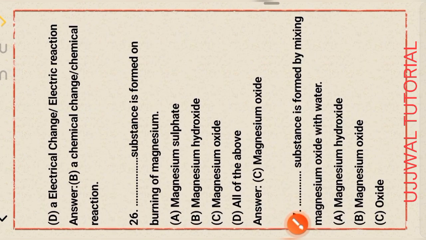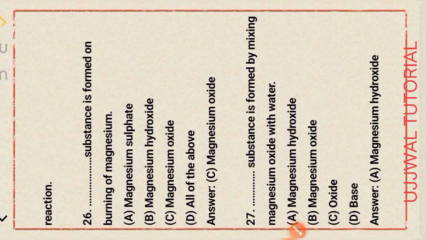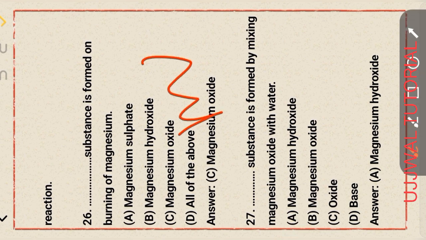Next question, question number 26. The substance formed on burning of magnesium is magnesium oxide. The formula of magnesium oxide is MgO.